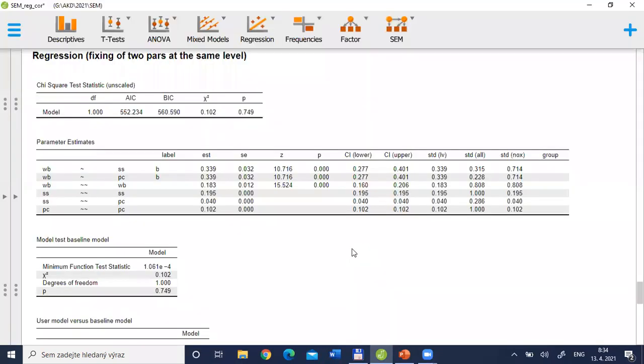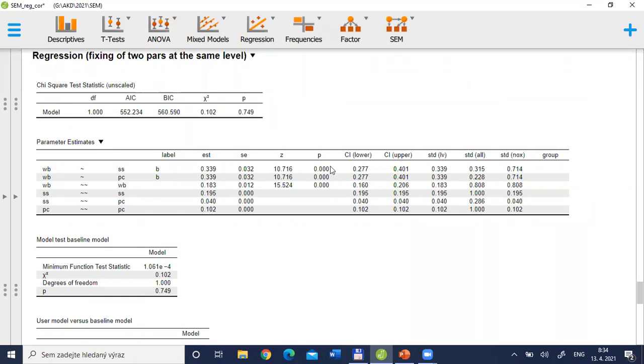And there are also variances of proactive coping and social support, and there is also correlation or covariance for the two predictors here. So the correlation between social support and proactive coping, the standardized version of the coefficient, is 0.3. Of course, if you like, you can test individual parameters here.